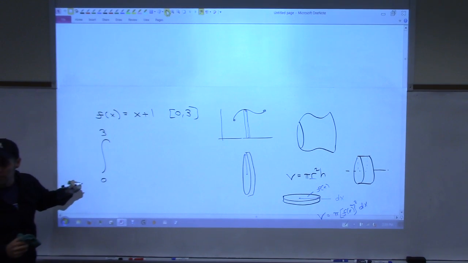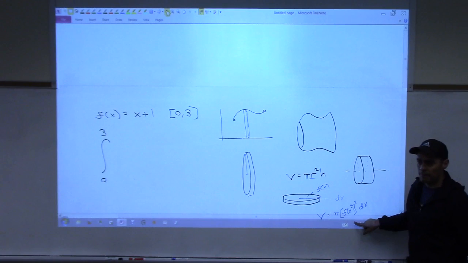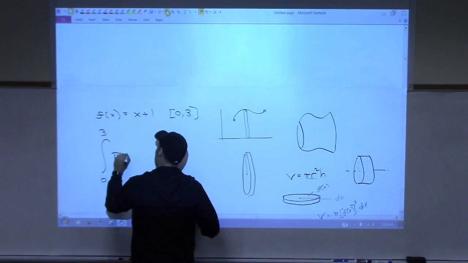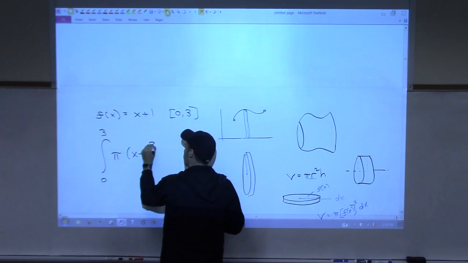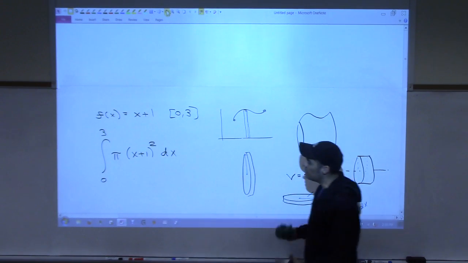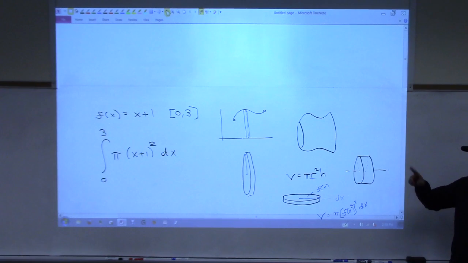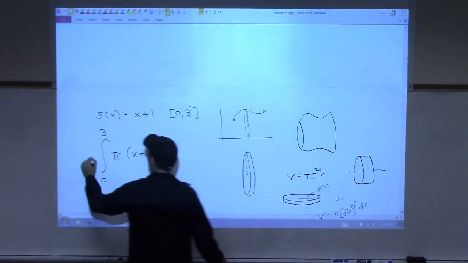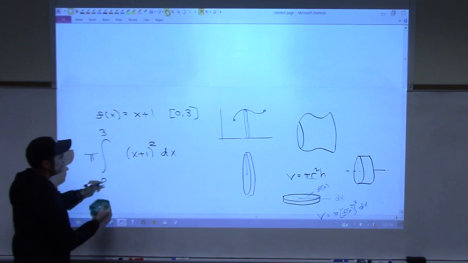A bunch of volumes, a bunch of cylinders. And each cylinder has this formula. So this integral is going to have pi, the function squared, dx. That's it. That right there will give you the volume of that graph wrapped around the x-axis. So I would pull the pi out. I would expand this, square it.